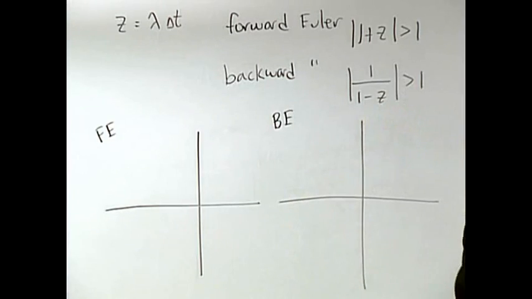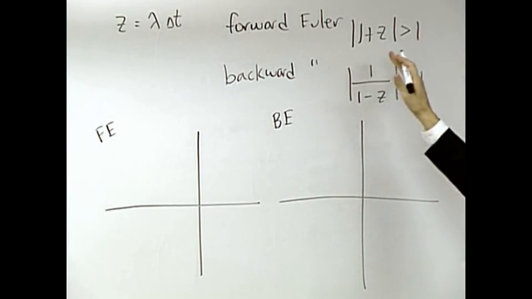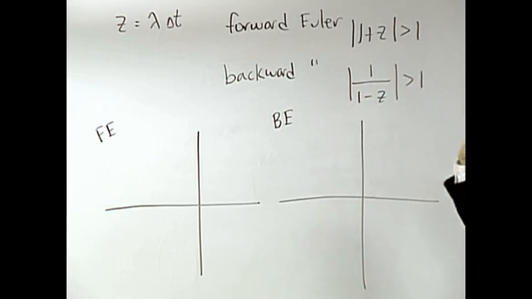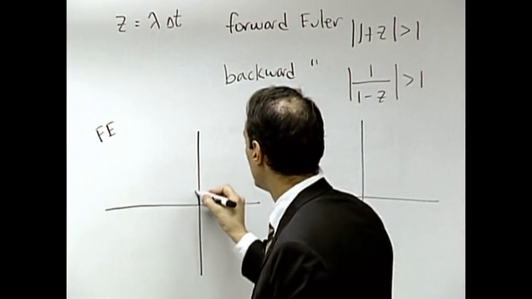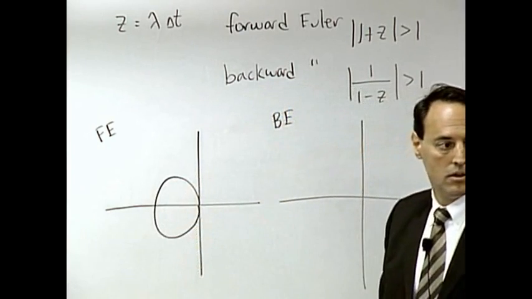I asked the following question. These are the criteria of when things, I shouldn't be stepping in these regions. These regions make the scheme unstable. So let me ask, where can I step and have stability or instability? So for the forward Euler, here it is. And it turns out this is what it looks like. In here, this is a ball of radius 1.